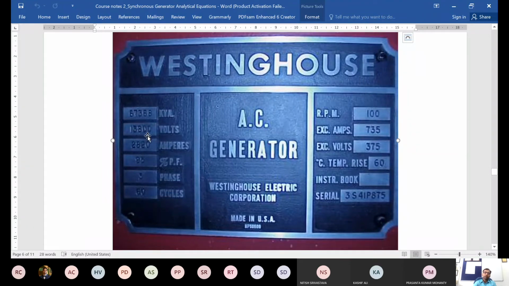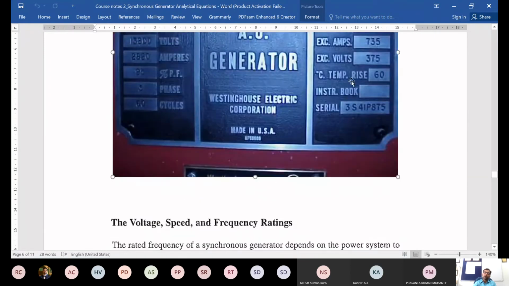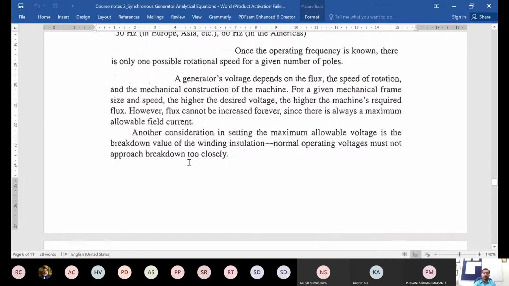So instead of 13.8, this will be multiplied by a factor of 5 by 6. So 13.8 kV into 5 by 6, 83% of this will be the derating. So we can use this 60 Hertz generator in this 50 Hertz grid. The only thing is that we'll have to change the rated RPM at which it will run, and an effect of that changed RPM would be that the voltage rating will also have to be derated by 17%, or derated to 83%.